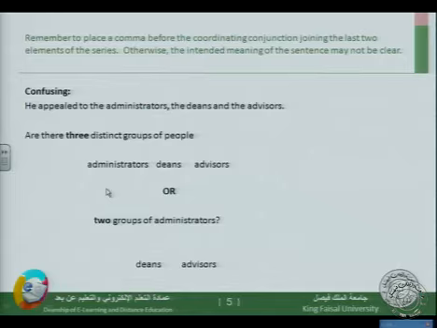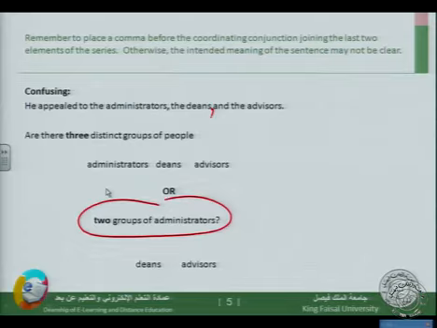Are there three distinct groups of people, demonstrators, deans, advisors, or two groups, demonstrators, and administrators, deans and advisors? So what must we do? He appealed to the demonstrators, the deans, and the advisors. Now we have three groups of people, whereas at first there were two groups of administrators when there was no comma. So it's confusing.